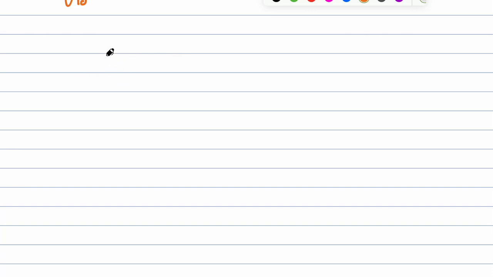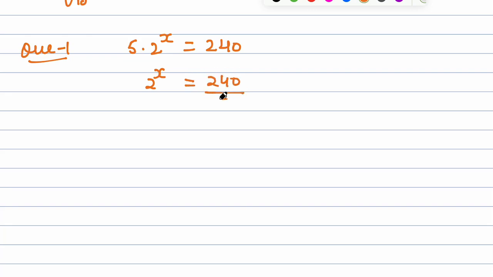So let's say, for example, my question number one is 5 times 2 to the power x is equal to 240. Now dividing by 5 on both sides, I'll get 240 divided by 5, and 2 to the power x is equal to 48.